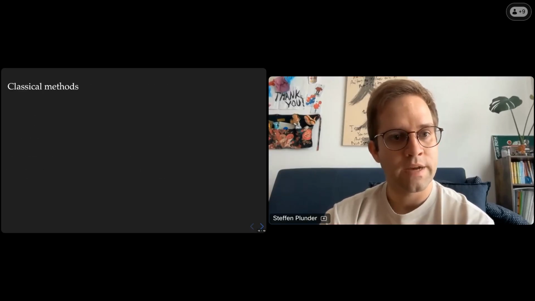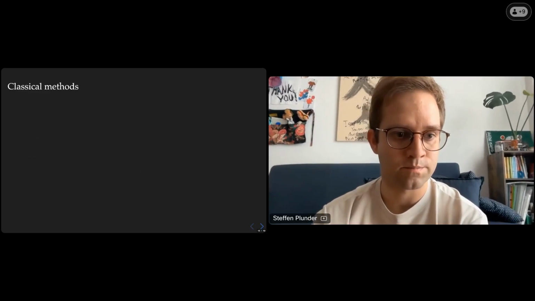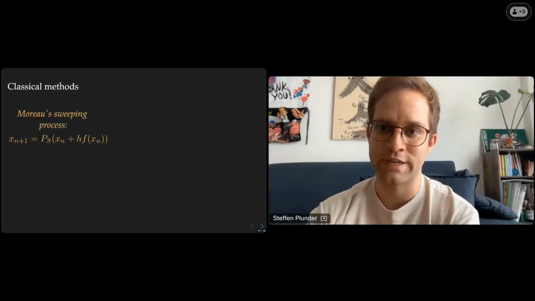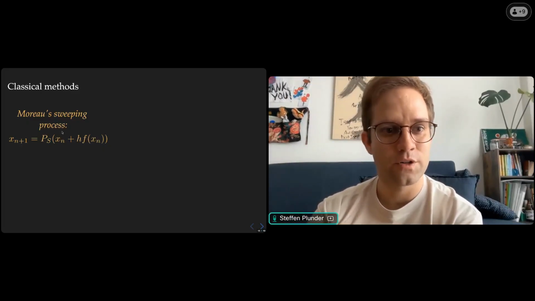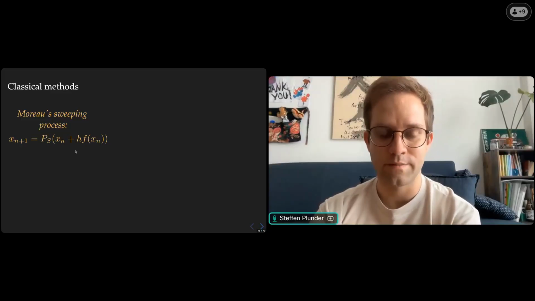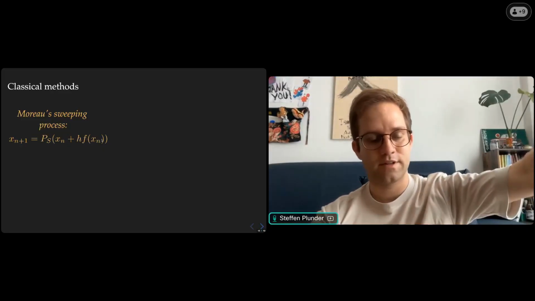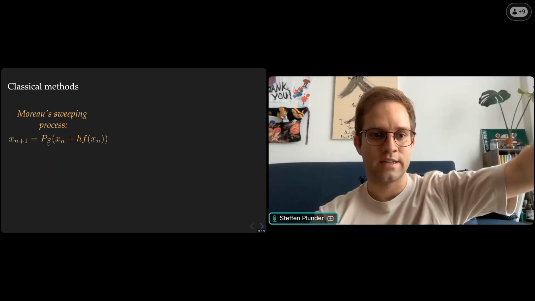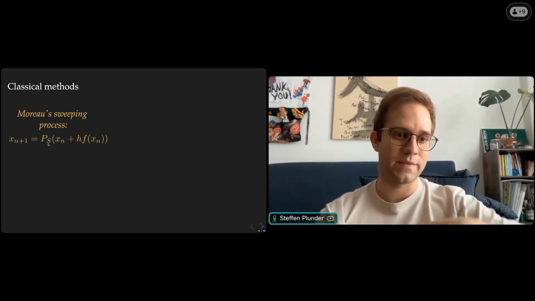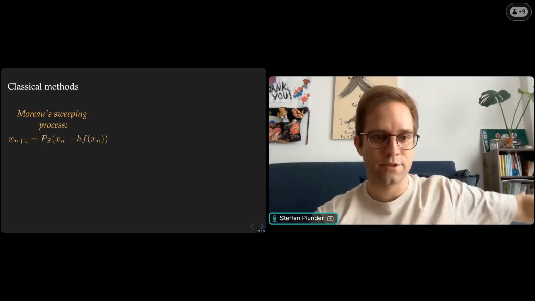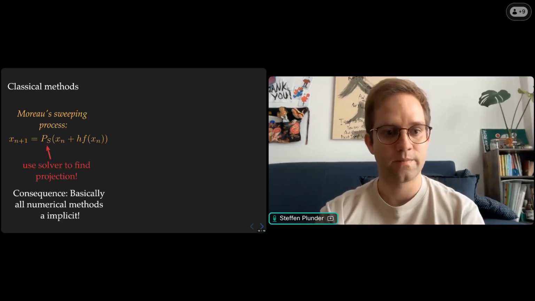For the numerical method, for inequality constraints one uses basically one method, mostly, which is called Moreau's sweeping process. It means you use an Euler step or something more fancy, and you project onto your set S. That's very simple: you make some error in your constraints and then project back and be happy.